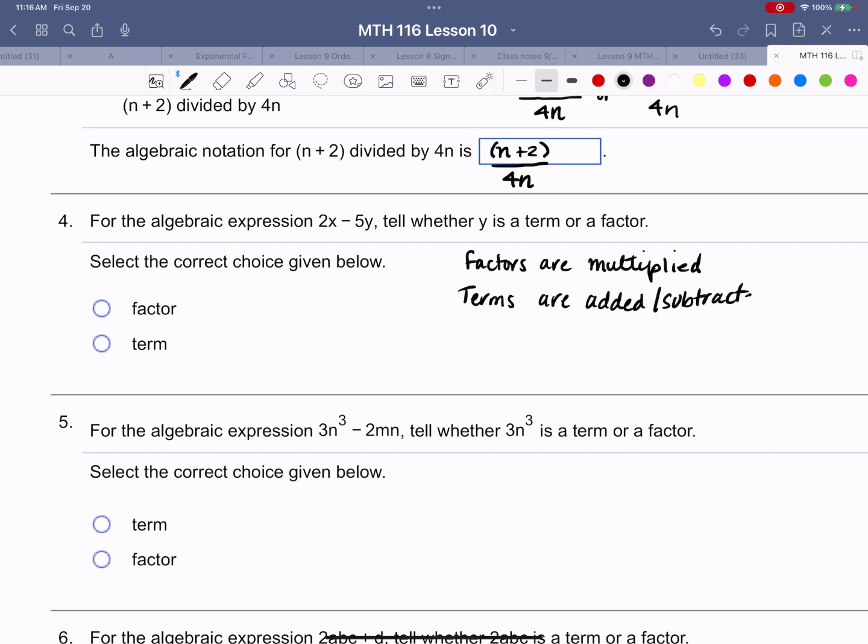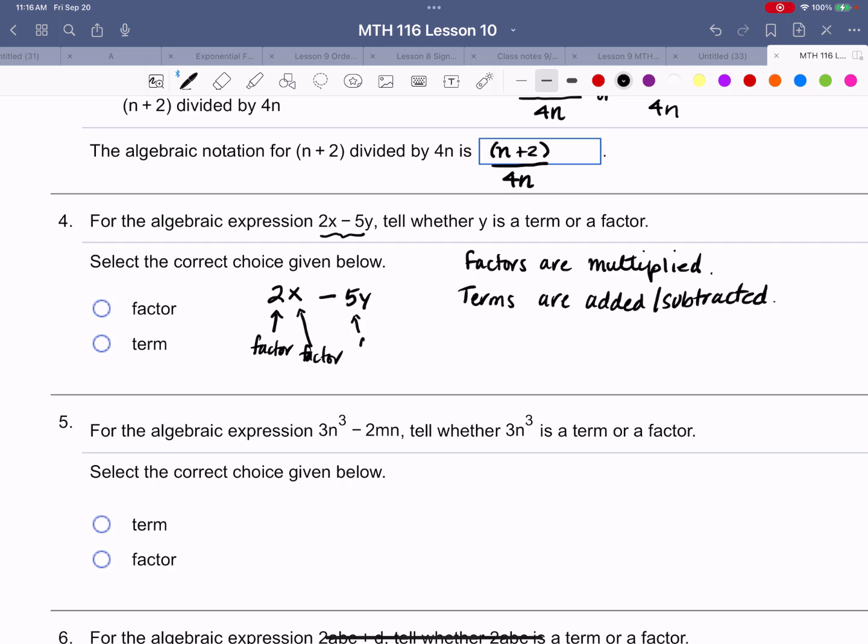Now, you can have a factor that is part of a term like we have here. Notice that's 2x, so that's a factor. And x is a factor because those are being multiplied. But it's also a term because it is involved in a subtraction with 5y.